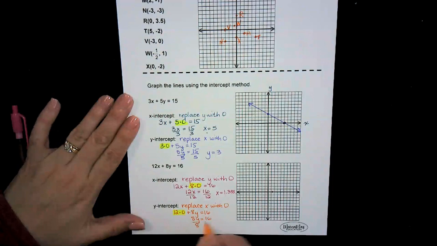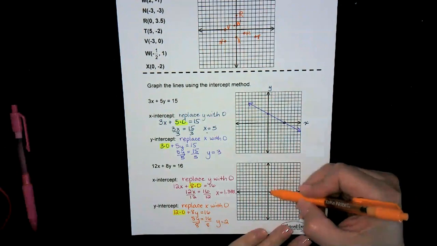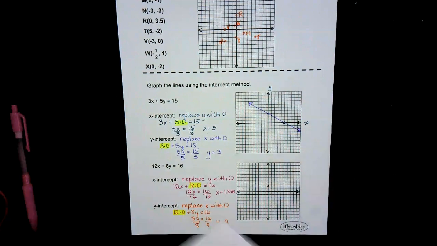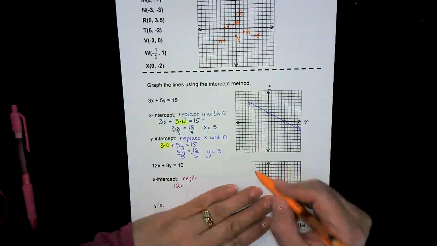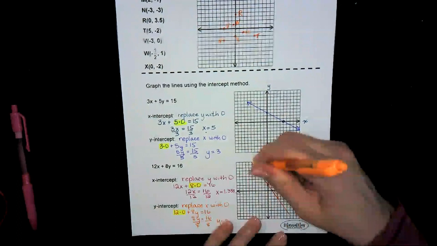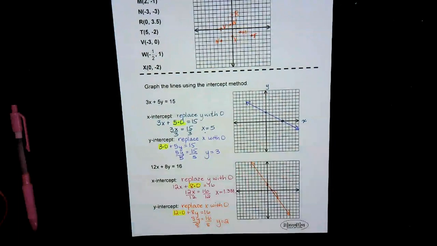Now, if we divide both sides, I get that y is 2. That means it's going to touch the y-axis at 2. If we start at the center, count up 2, we have our other point. We need to line up our straight edge. Oops. Make sure I draw a straight line there. There we go. Like that.